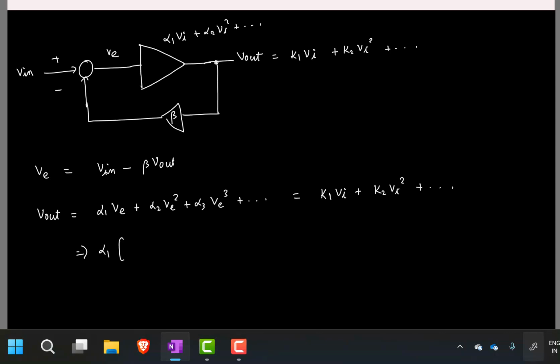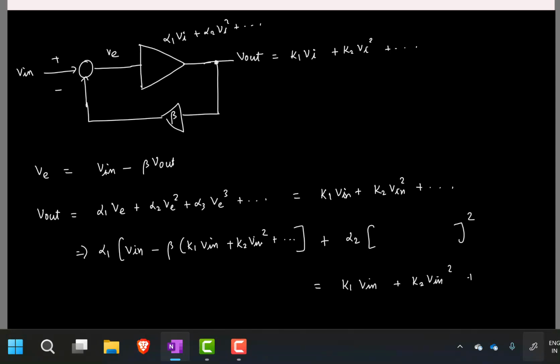I can also substitute for VE. So VE is basically V in minus beta V out, and V out itself is K1 V in plus and so on, plus I'll have alpha 2 times this entire term whole square, and that will be equal to K1 V in and so on.